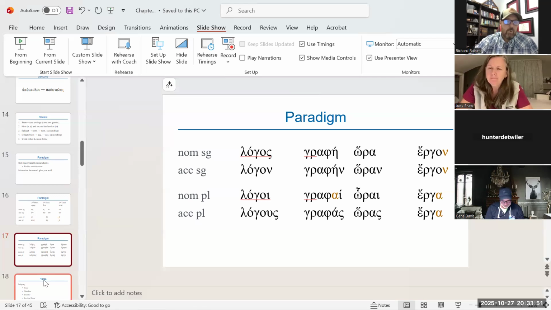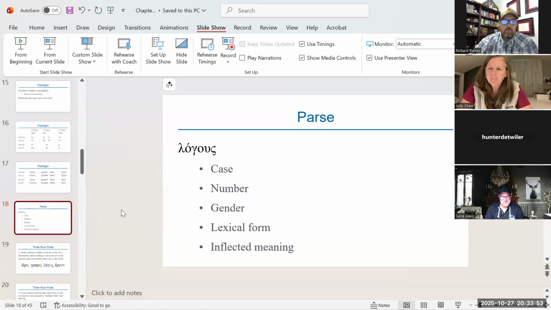So here's what I said earlier about parsing. I may give you a word. So take a look at your sheet here. You've got logos. So based on this sheet, remember lambda, omicron, gamma, omicron is the stem.